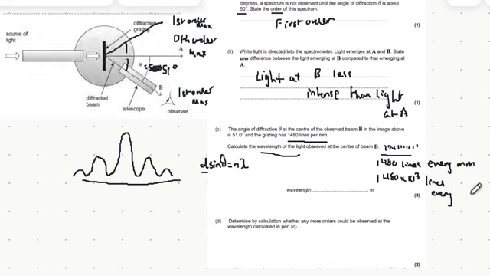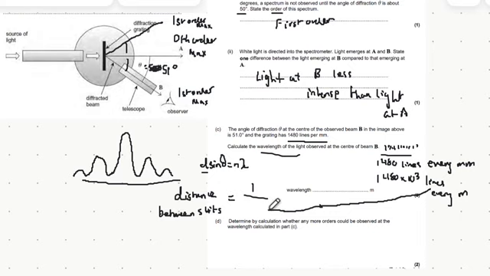The reason we need the number of lines every meter is that we can use it to find the distance between two of those slits, because the distance between slits is 1 over the number of lines every meter. That's why we convert into meters, so that we can use this equation. And the distance we find between the slits will also be in meters as a result.